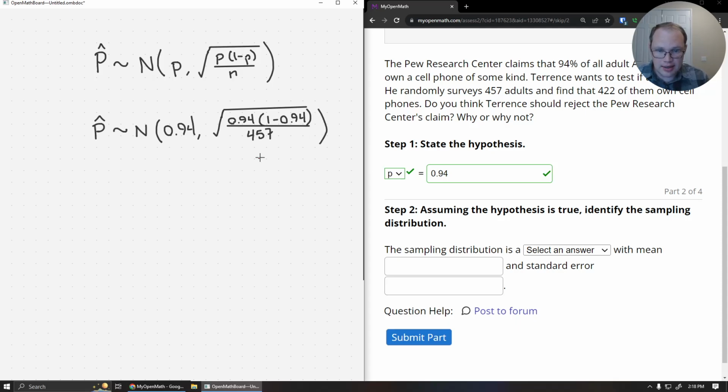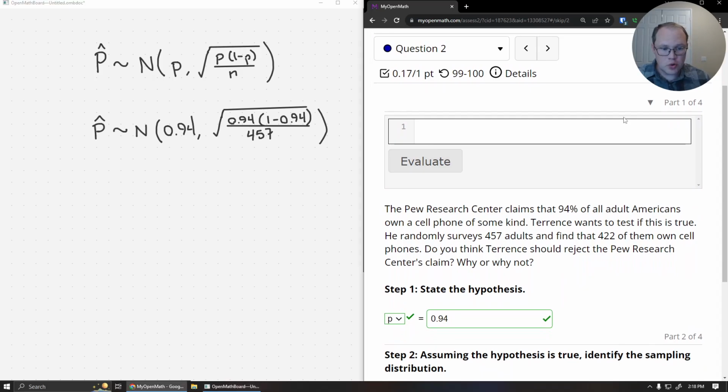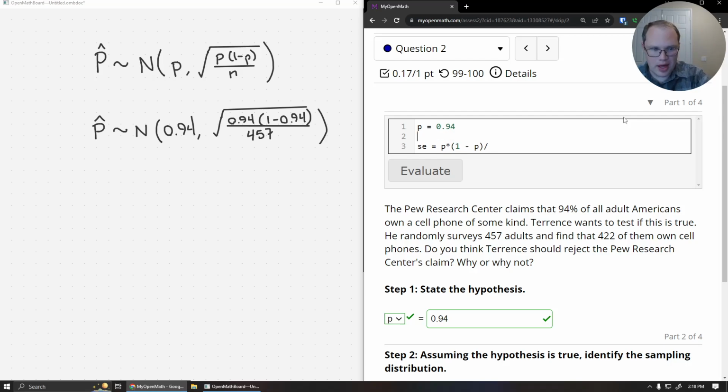Okay, so let's calculate this standard error so we can get a better approximation. Our p, the population proportion, is 0.94. For the standard error, we take p, multiply it by 1 minus p, and divide by our sample size, which is 457. I like to have all of my numbers defined as variables. It makes it so that when I type it into the calculator, it looks a lot like the formulas I use on paper.